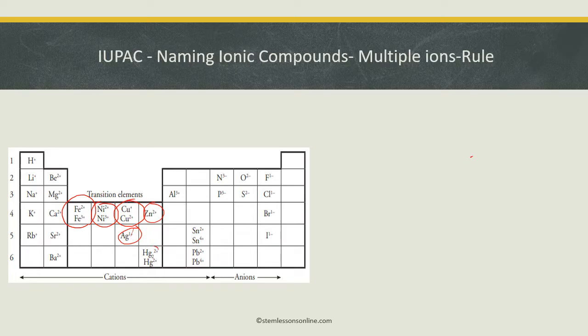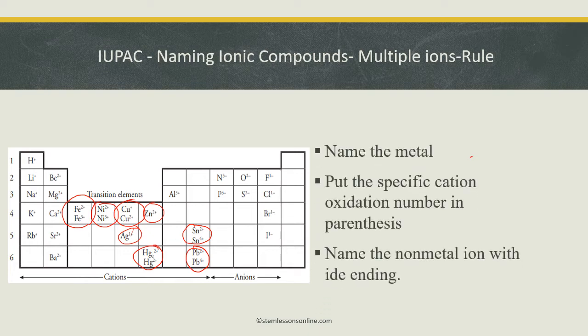So these are named, even though tin and lead are not transition metals, we have to learn how to write the name for these metals with multiple charges. What we are doing here is just adding a Roman numeral.